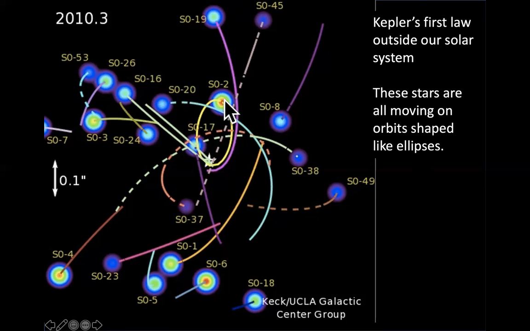This is the path of this particular star, which is an elliptical path that has at one of its foci an extremely massive object. There is a supermassive black hole in there. And that location is not just the focus of this ellipse, it's also the focus of the partial ellipses that all of the other orbits are following. So this basic elliptical motion is seen well outside our solar system as well. Okay.